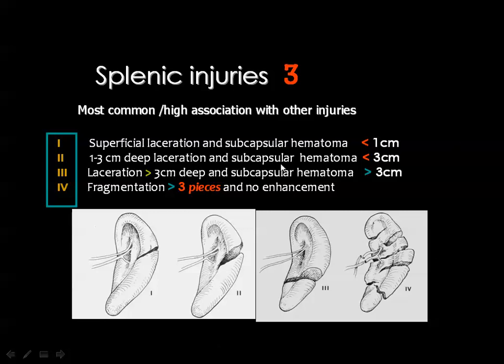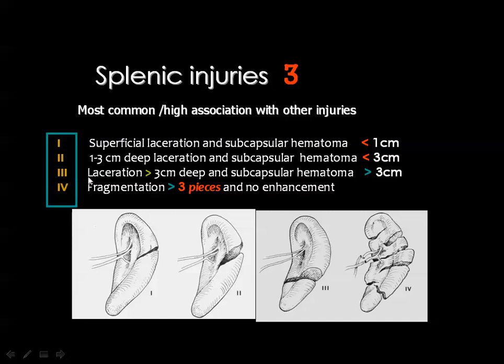Then the grading of splenic injuries includes grade 1, which is a superficial laceration and subcapsular hematoma less than 1 centimeter. Grade 2 is a laceration which is above 1 centimeter and below 3 centimeters deep, with subcapsular hematoma up to 3 centimeters thickness.